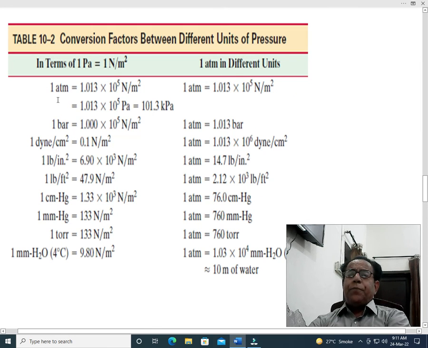Here 1 atm is equal to 1.013 into 10 raised to the power 5 Newton per meter square, equivalently equal to 10 raised to the power 5 Pascal.